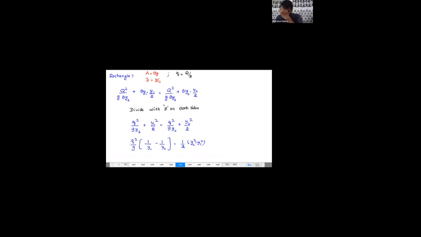So now, see further. q square by g into (y2 minus y1) by y1 y2 is equal to (y2 square minus y1 square) by 2. You know that y2 square minus y1 square is nothing but (y2 minus y1) into (y2 plus y1).